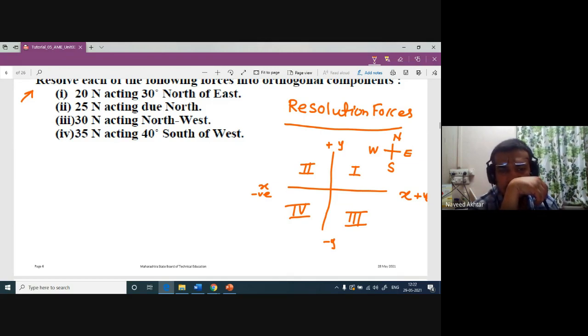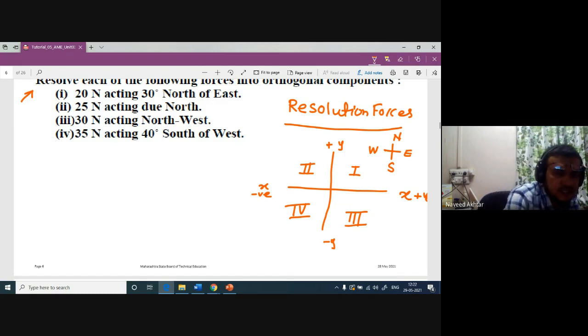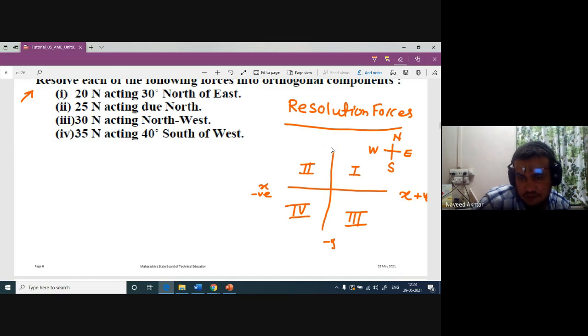We are showing the northwest direction. In this example, they are showing the direction based on north or northeast or south or southeast. So generally, in place of this, I will remove it.